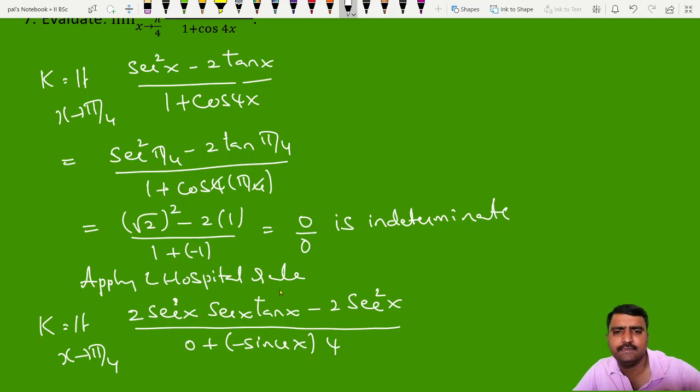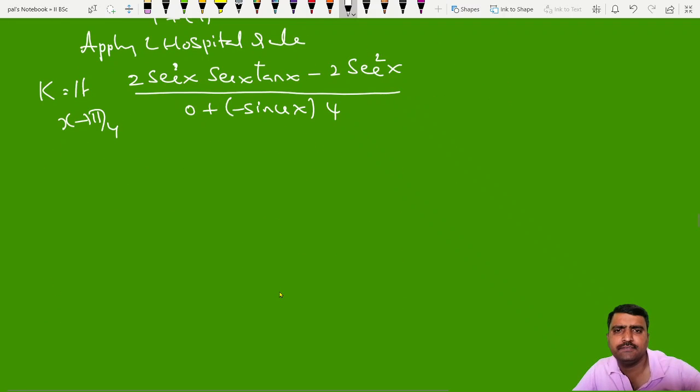Which is now k is equal to limit x tends to pi by 4. Here we have 2 secant square x. You take 2 secant square x as a common factor from both the terms.